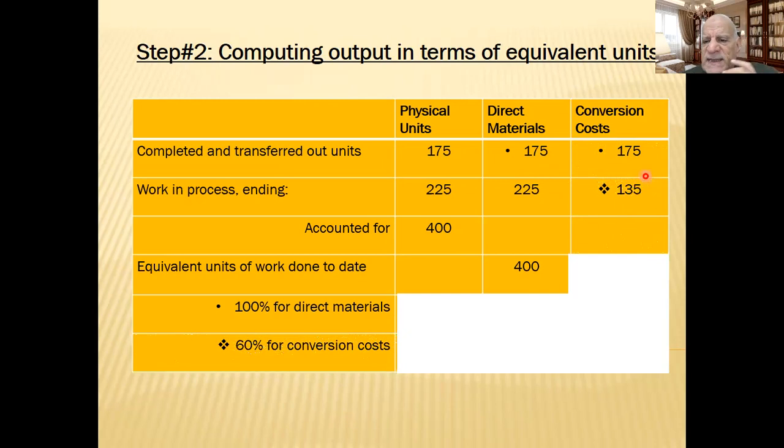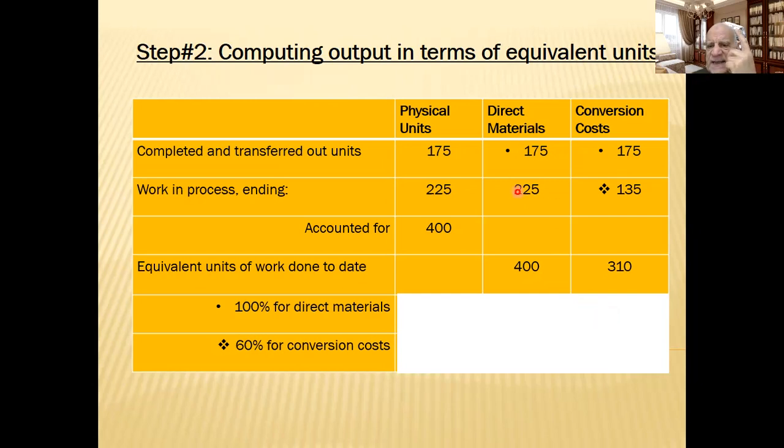So these units received only 60% of the conversion costs. So the 225 physical units equal 135 units as a conversion costs. So the total number of units as for the conversion costs equals 310.